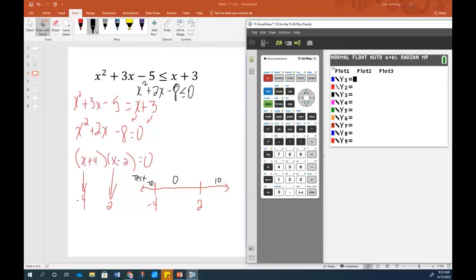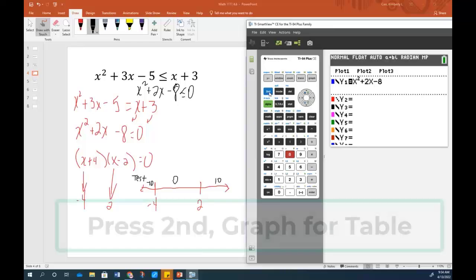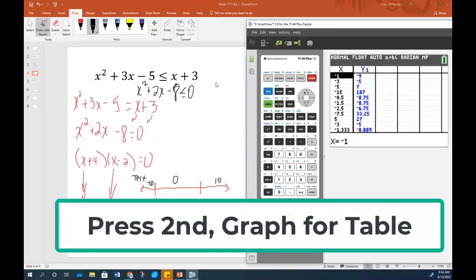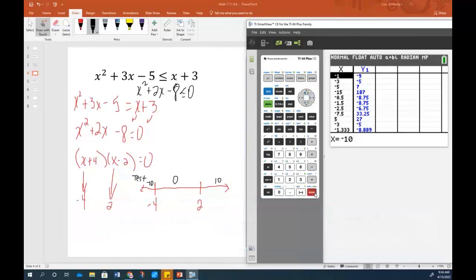So you would go to y equals, and even though it says equals, I'm going to put in my x squared plus 2x minus 8. And then I'm going to go to my table, because now I can just plug in my test numbers, -10, 0, and 10.